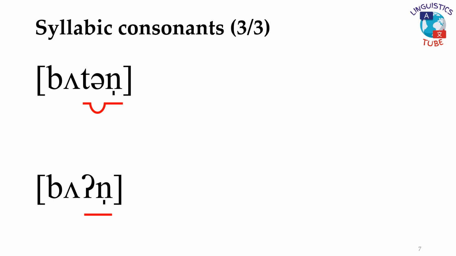So, t and n have the same place of articulation, which means that the tongue touches the same place for both sounds. However, because there is a vowel between these 2 sounds, the tongue goes down to say it because it is a mid-central vowel.